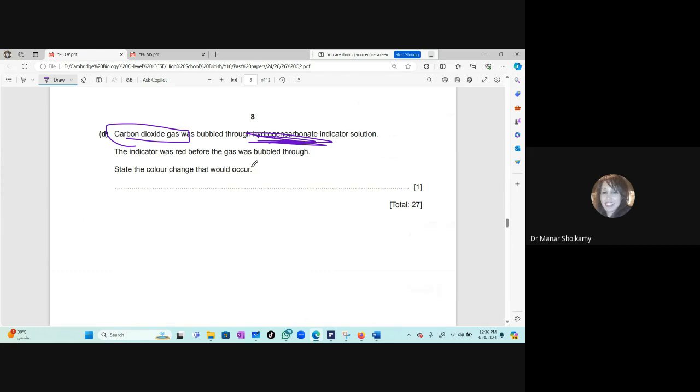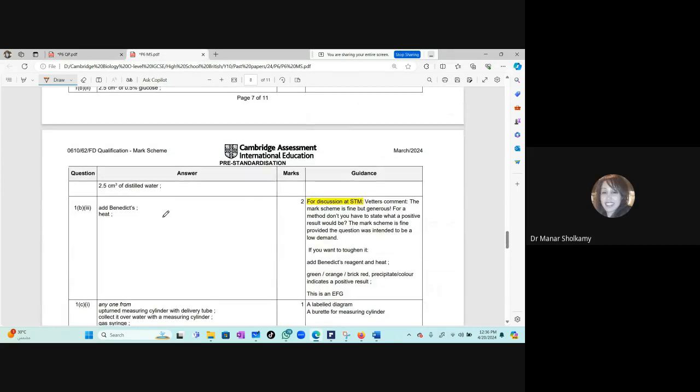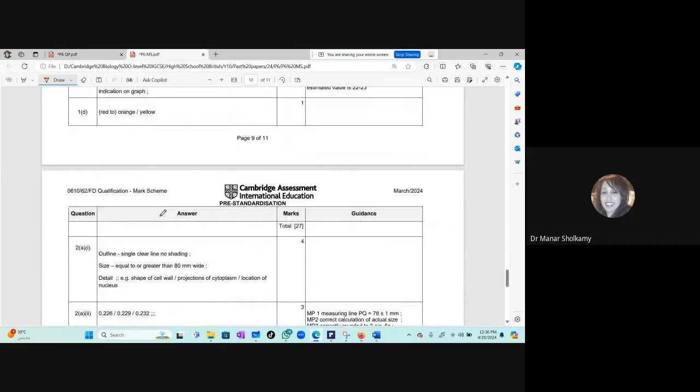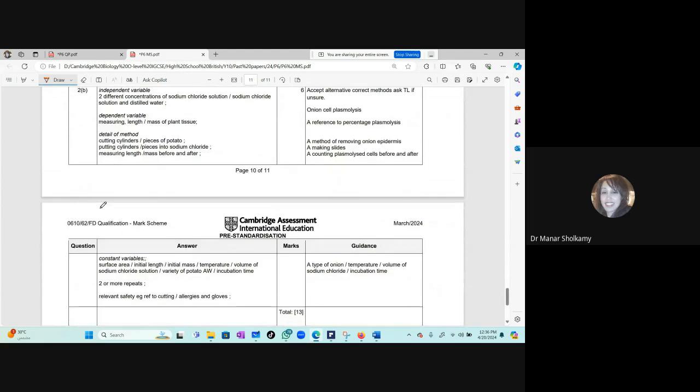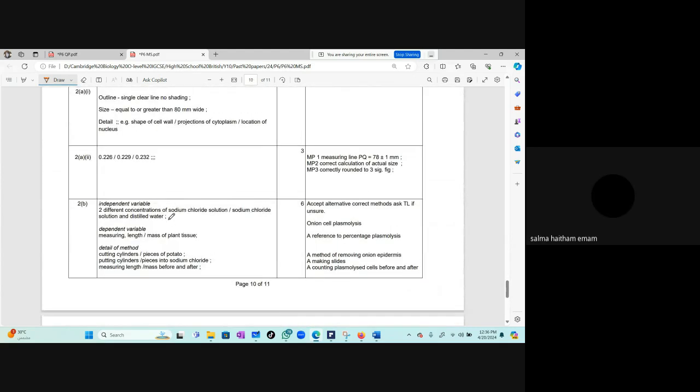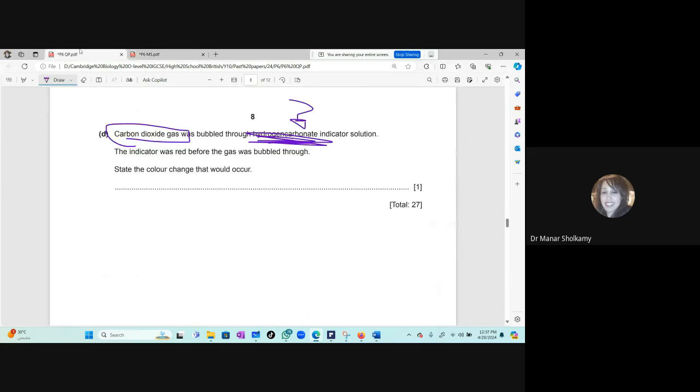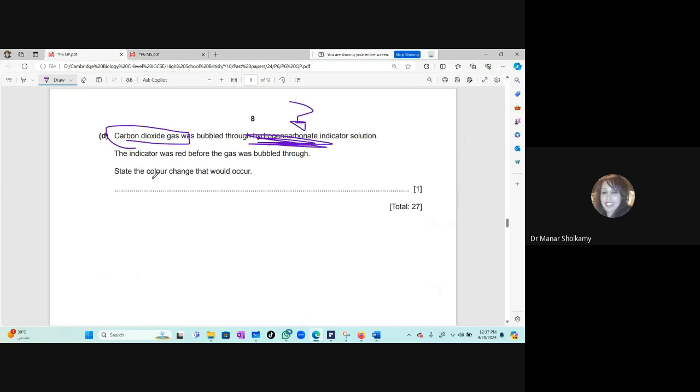What is the color change that would occur in the hydrogen carbonate indicator when it is acidic? What is the color? Purple. Purple? No, it's not purple. When it is acidic, what color will it be? Blue. Blue. Well, this is which number? This is D. This is 1D or 2D?